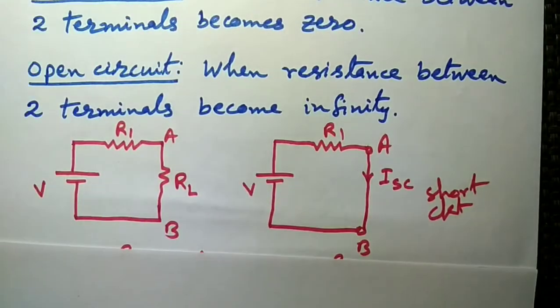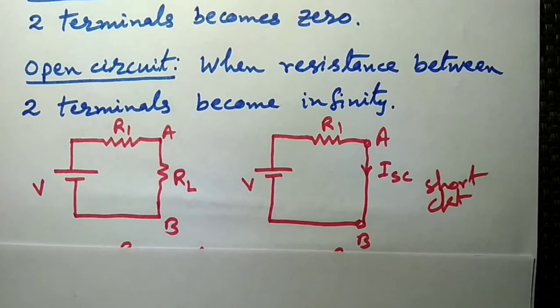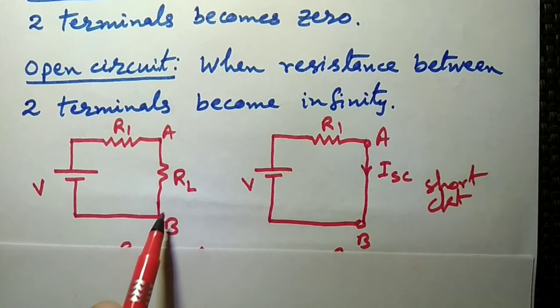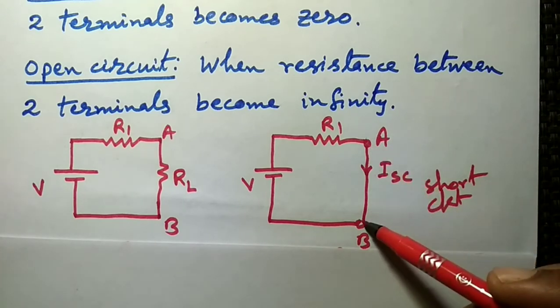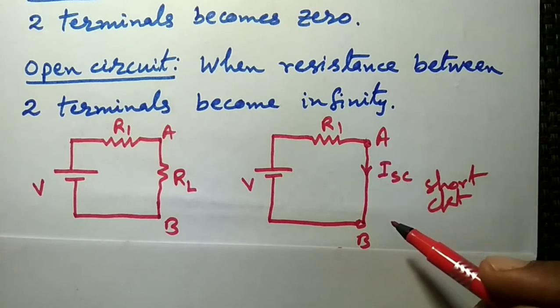Suppose in this given circuit, I have drawn a simple circuit with a voltage source V. R1 is the resistance and RL is the load resistance. A and B are the load terminals. According to the condition, we have to short circuit the load terminals, that is terminals A and B. What we will do is simply remove the load resistance from the circuit and join the terminals A and B using wires, because wires have 0 resistance.